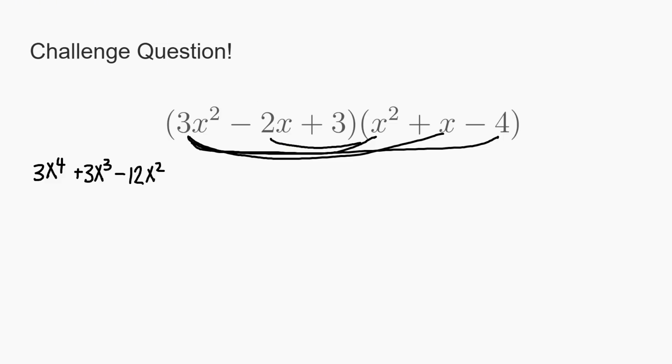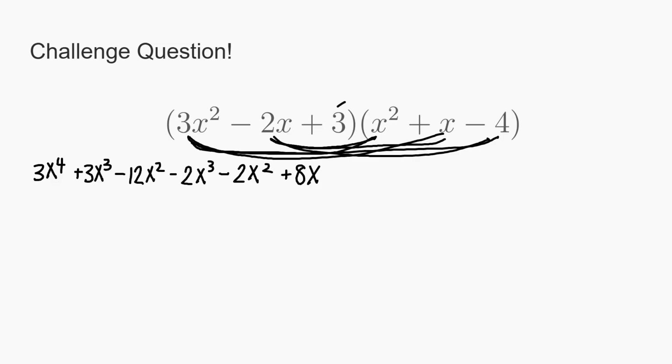Negative 2x multiplied by x squared is negative 2x cubed. Negative 2x multiplied by x is negative 2x squared. Negative 2x multiplied by negative 4 is going to be 8x. This is because the negative and the negative cancel each other out.